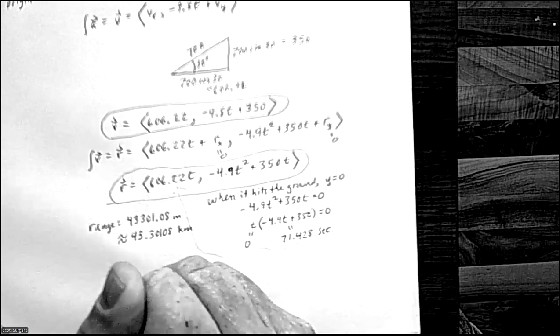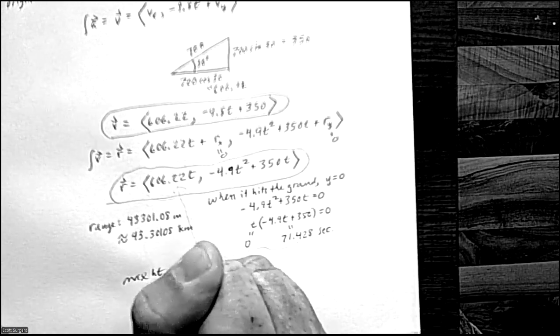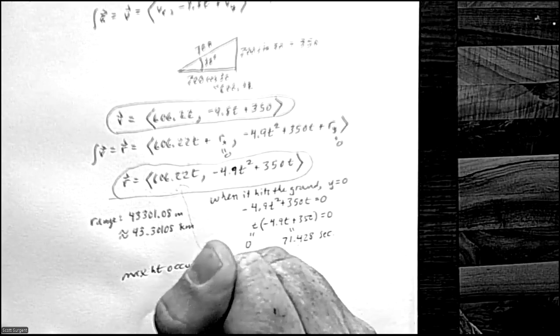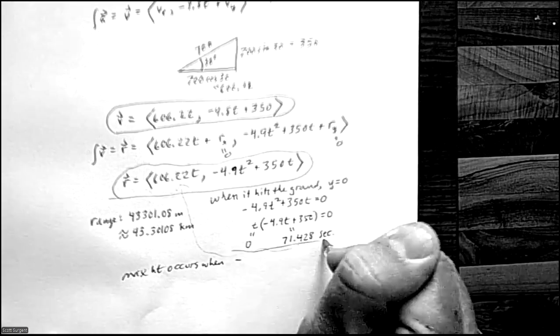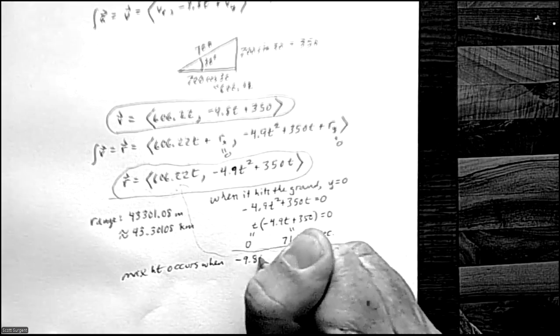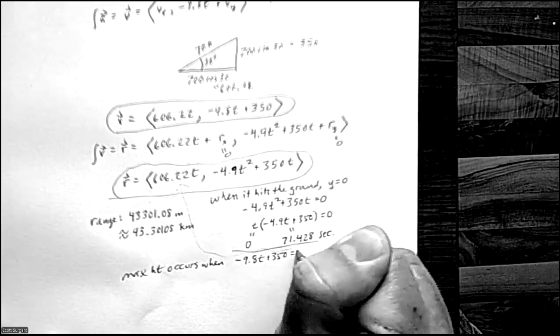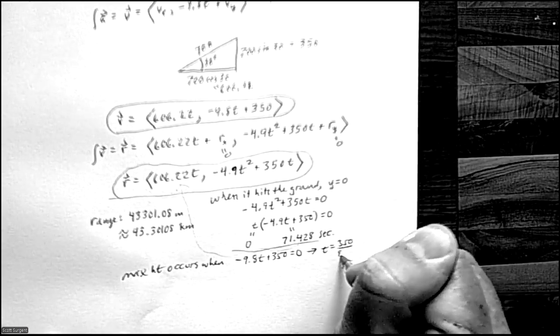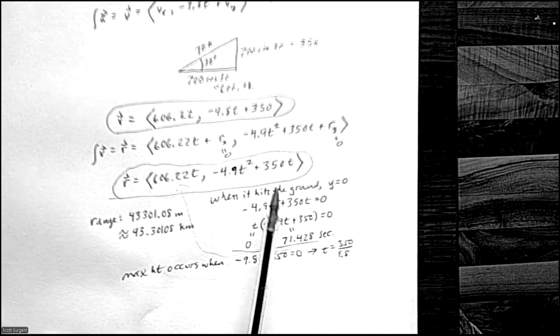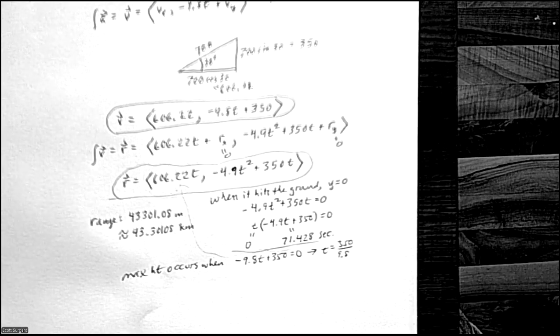So the max height occurs when negative 9.8 t plus 350 equals 0. So that means t is 350 over 9.8. Because this is a parabola, it's just going to be half of what you see here, the 71.428.